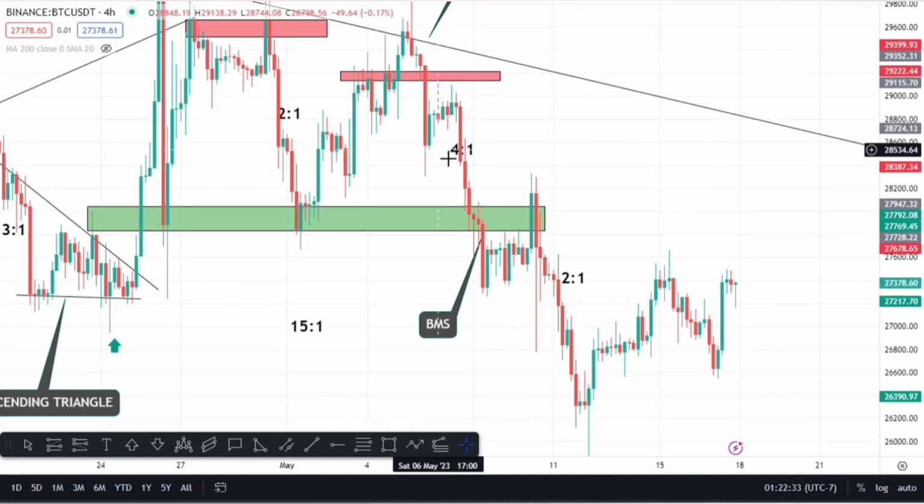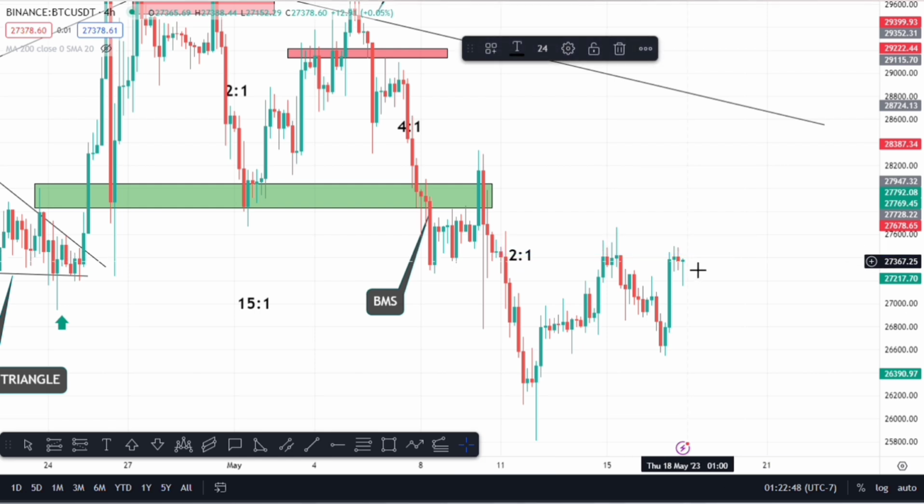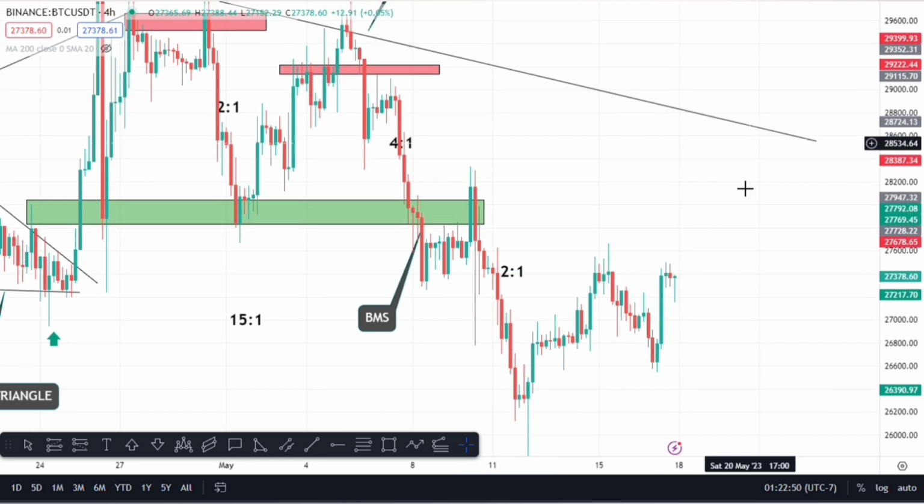We are still looking at lows until I start seeing some changes in the market. Let's say something like this: if I start seeing a breakout of this resistance, a breakout upwards, then I might be targeting long positions to this trend line, so probably from here to the trend line or somewhere from the trend line.